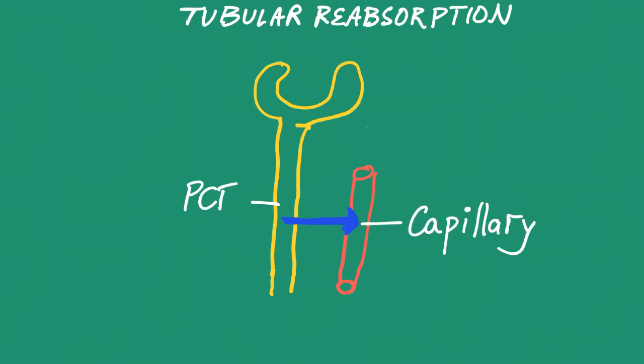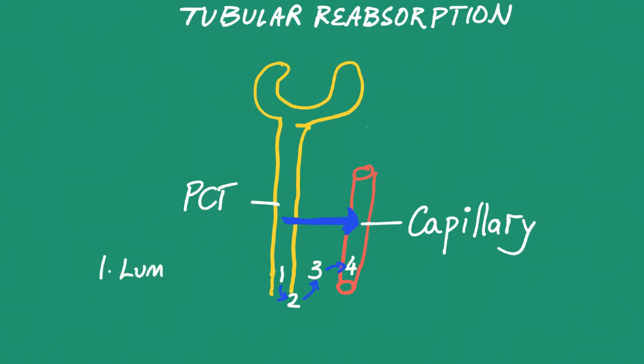Now, in order for this to happen, these molecules must actually travel from 1 to 2 to 3 to 4. 1 is the lumen, 2 is the tubular cell, 3 is the interstitial fluid, and 4 is the capillary.